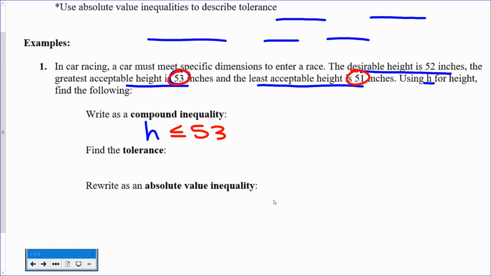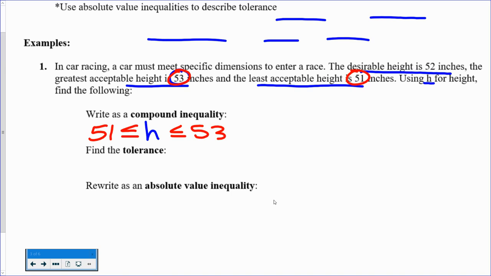So the height would have to be less than or equal to 53, but also greater than or equal to 51. So that would read 51 is less than or equal to the height, which is less than or equal to 53. So all of my heights for these cars must be between 51 and 53 inches. Okay, that's my compound inequality.